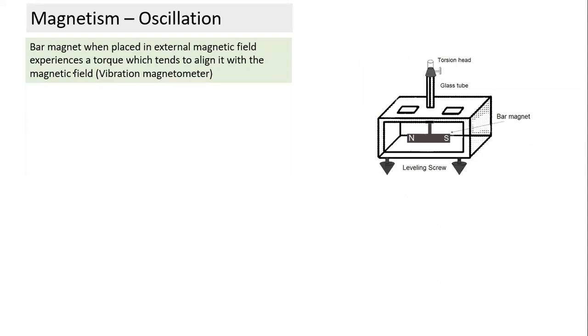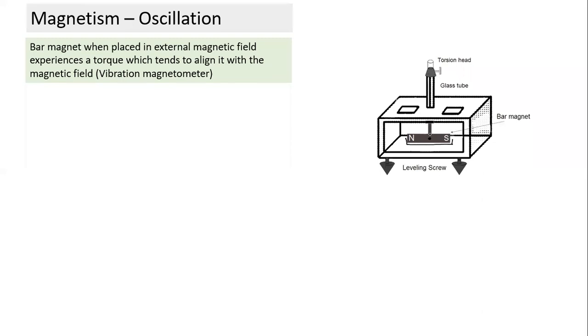As for magnetic oscillation, it is nothing great. We call it a vibration magnetometer. It is actually a bar magnet suspended freely through a string, with some kind of plate here so that it can rotate only in the horizontal plane.